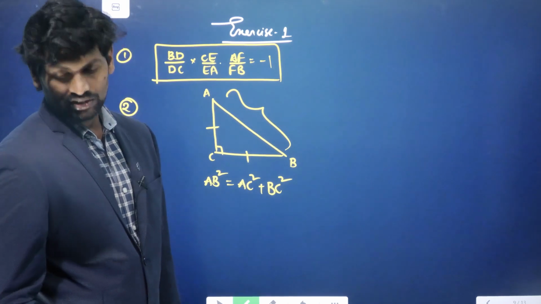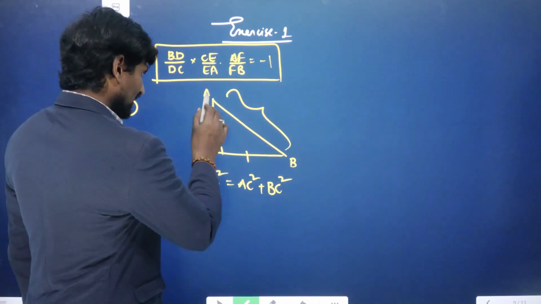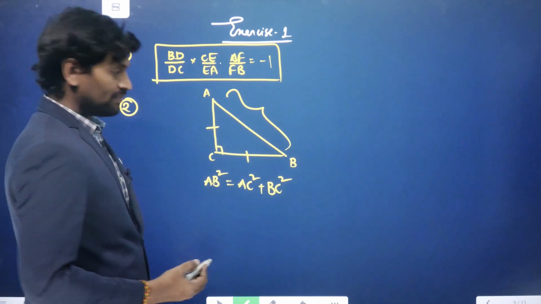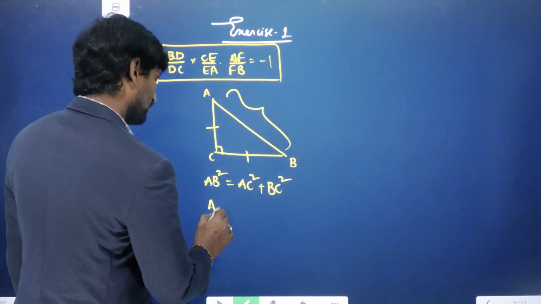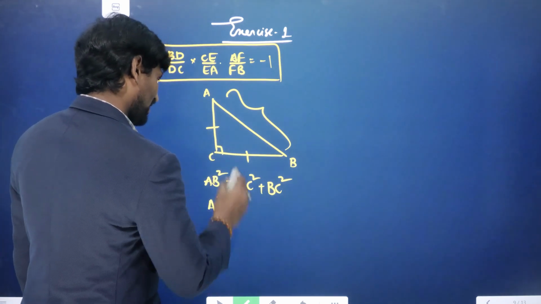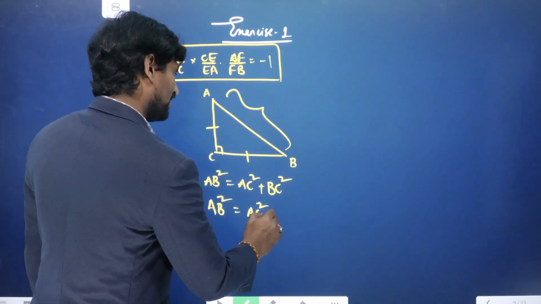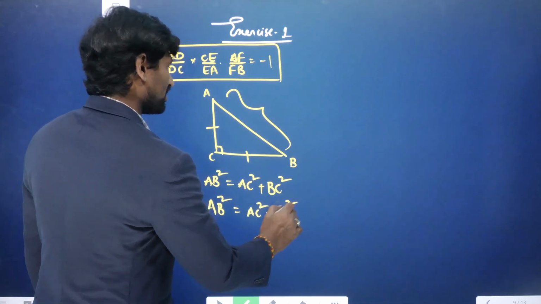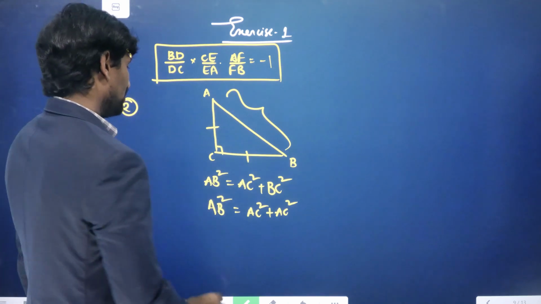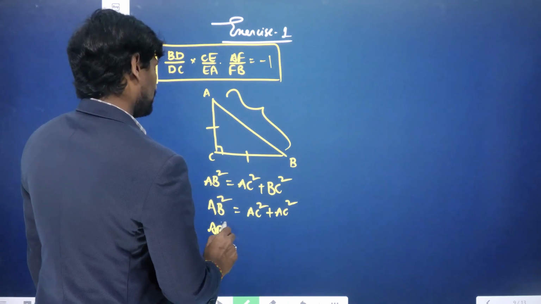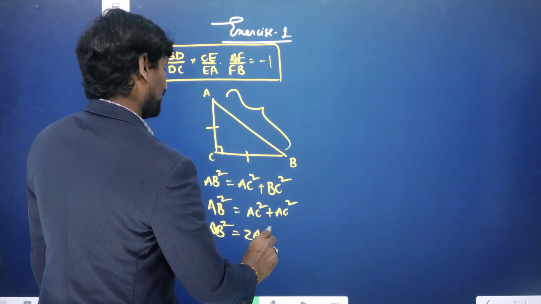And we know that AC length and BC length are both the same. So in place of BC square we can also write AC square, because both are equal sides. So AB square equals 2 times AC square, or AB square equals 2 times BC square, we can write.